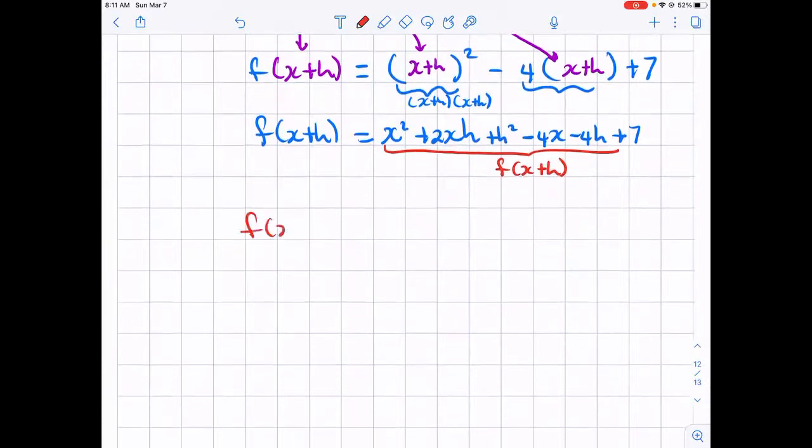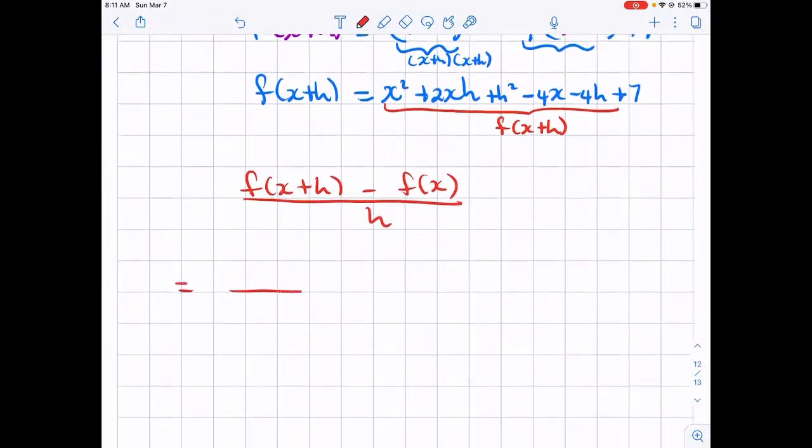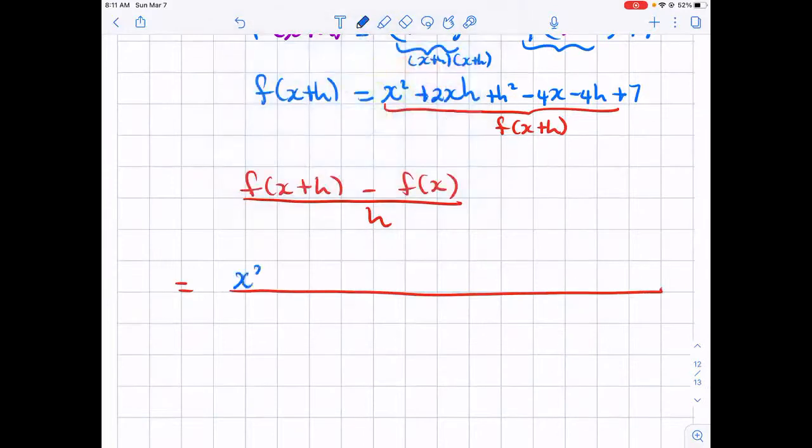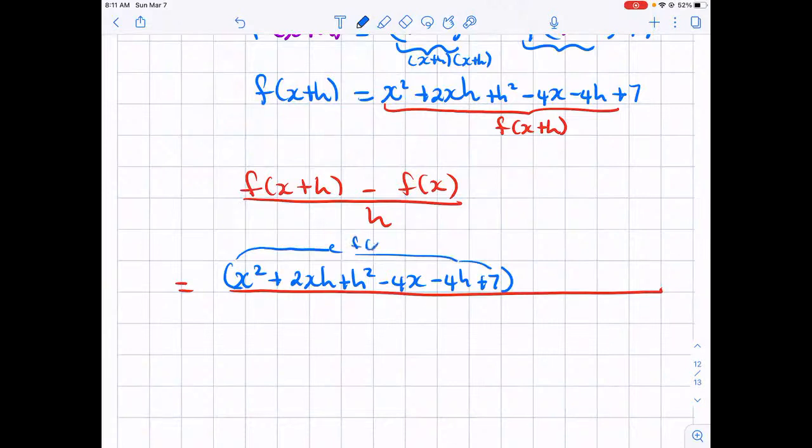So f of x plus h minus f of x over h is x squared plus 2xh plus h squared minus 4x minus 4h plus 7, and notice this is f of x plus h minus my f of x.